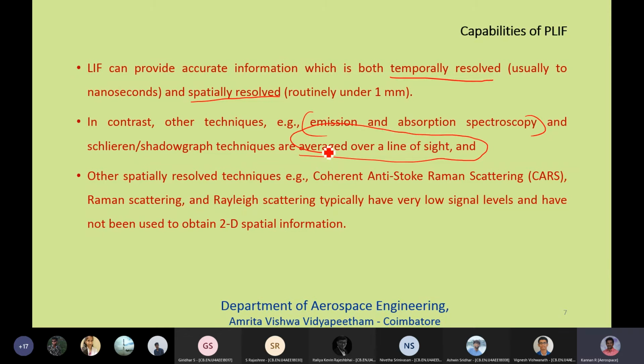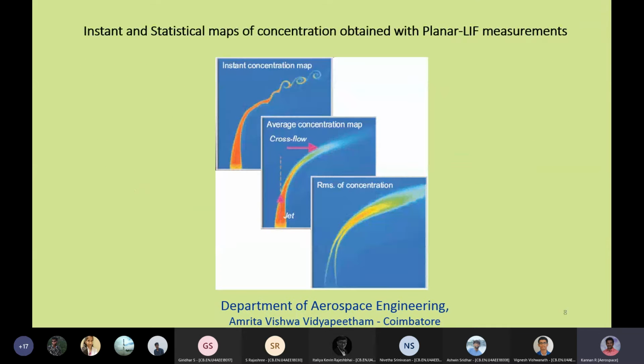Even the spatially resolved techniques like coherent anti-Stokes Raman scattering, what we call CARS, and Raman scattering and Rayleigh scattering typically have a low signal level and cannot be used for 2D spatial information. But here you can have 2D spatial information with the help of the laser sheet.